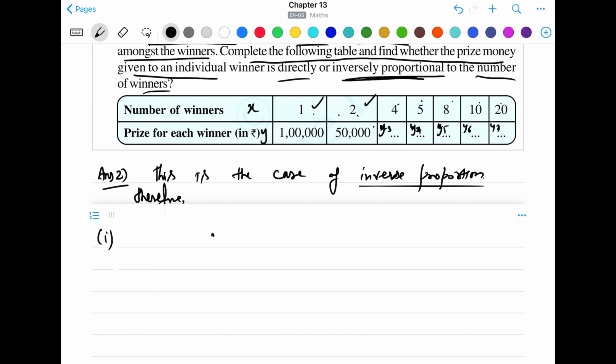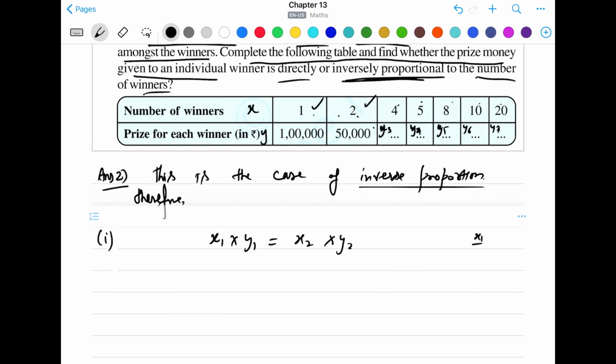In inverse proportion we have x1 into y1 equals x2 into y2, while in direct proportion we had x1 by y1 equals x2 by y2. In direct proportion x1 and y1 are in division, while in inverse proportion x1 and y1 are in multiplication.